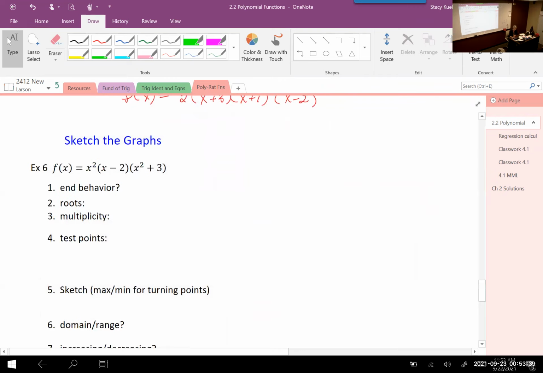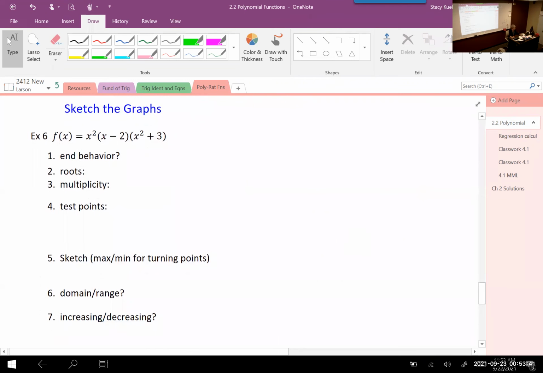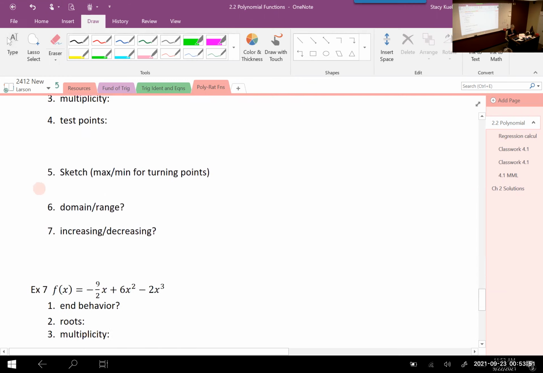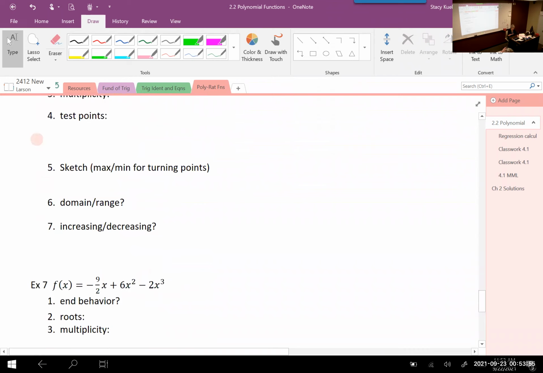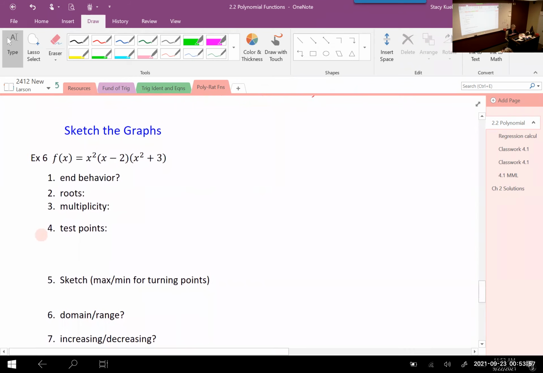Now let's practice sketching the graphs. All right, what I want to do first is I want to change that equation.